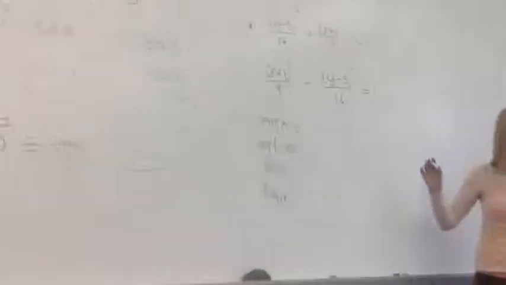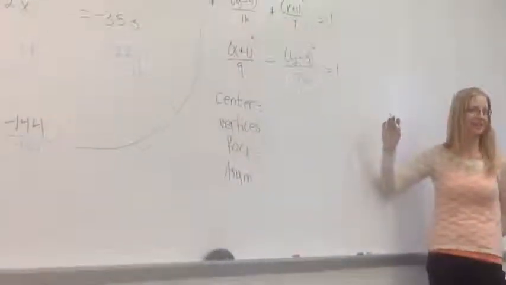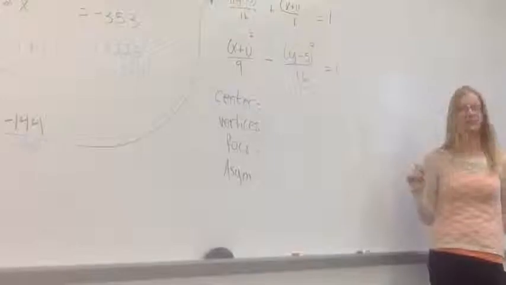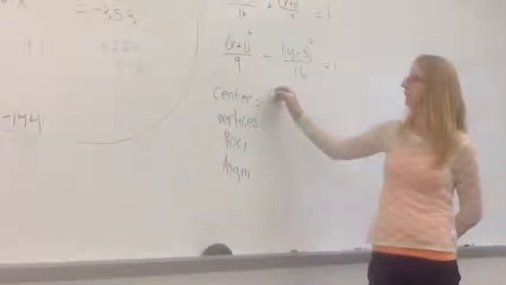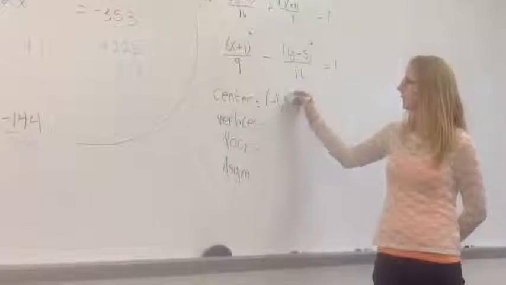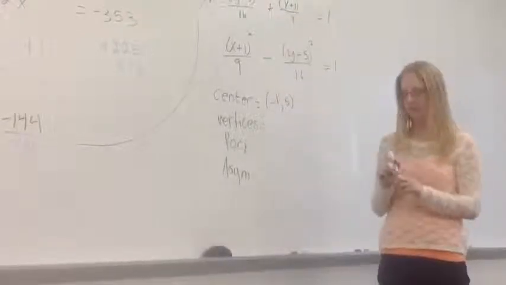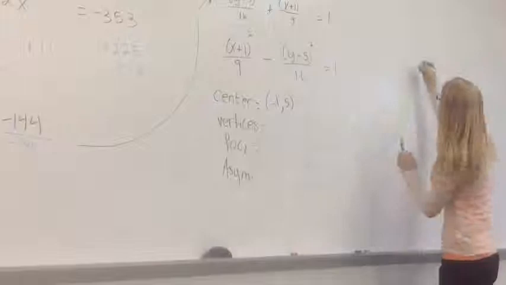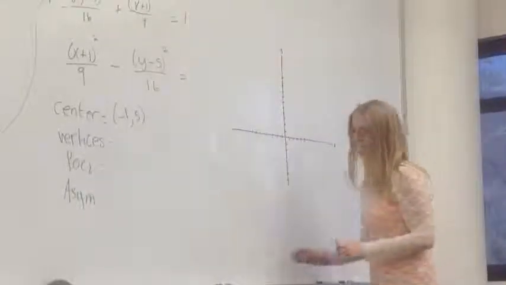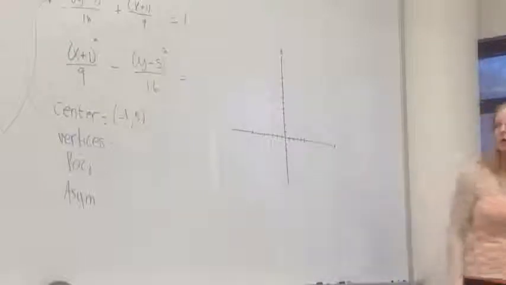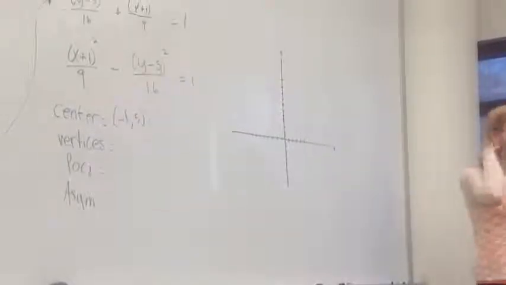Whoo-wee, this is a good one. You guys like it so far? What's the first thing I find? Center. What's the center of this hyperbola? Okay. What's the next thing I do? Graph it. Okay. Alrighty. What's the first thing I plot? Center.